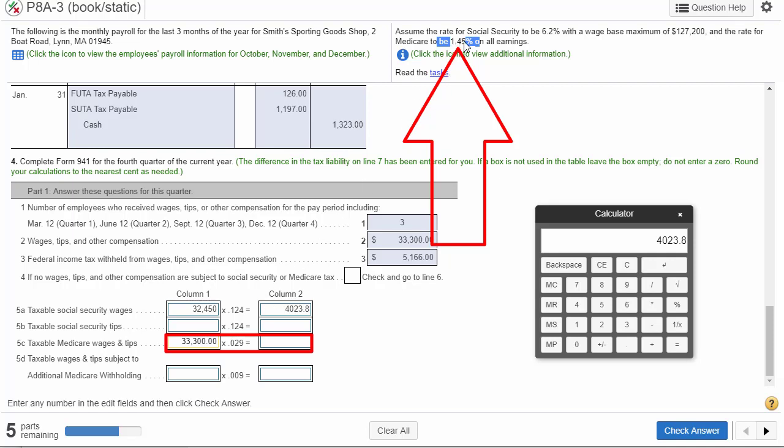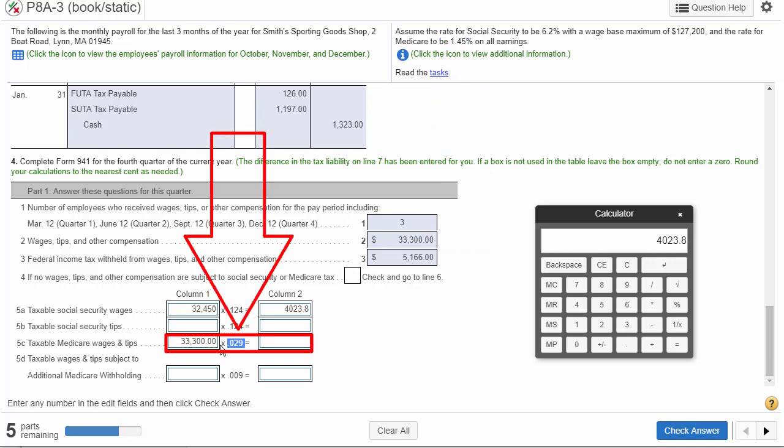So 1.45 times 2 is 2.9%. That's where they get this 2.9% here. So I'm going to clear this. 33,300 times 2.9% or 0.029 gives us $965.70. And you can put the zeros in there if you want.